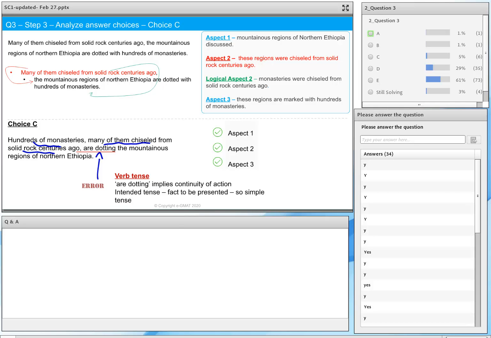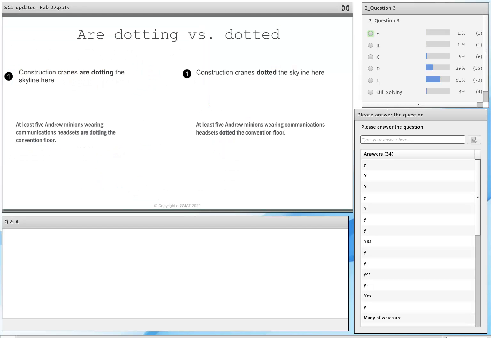So that meaning has to be conveyed by the usage of simple present tense. And for you, I have a few examples, continuous tense versus simple tense. You can take a look at these sentences and understand the very basic usage of these verbs.